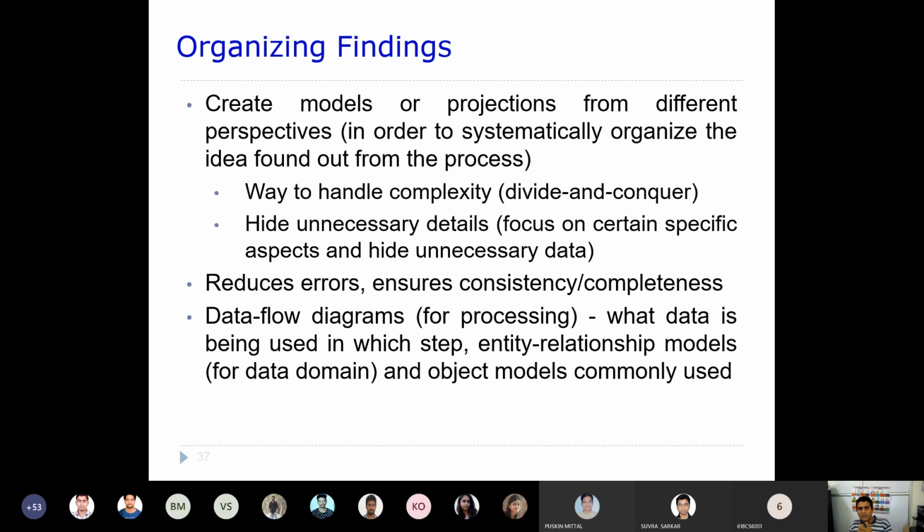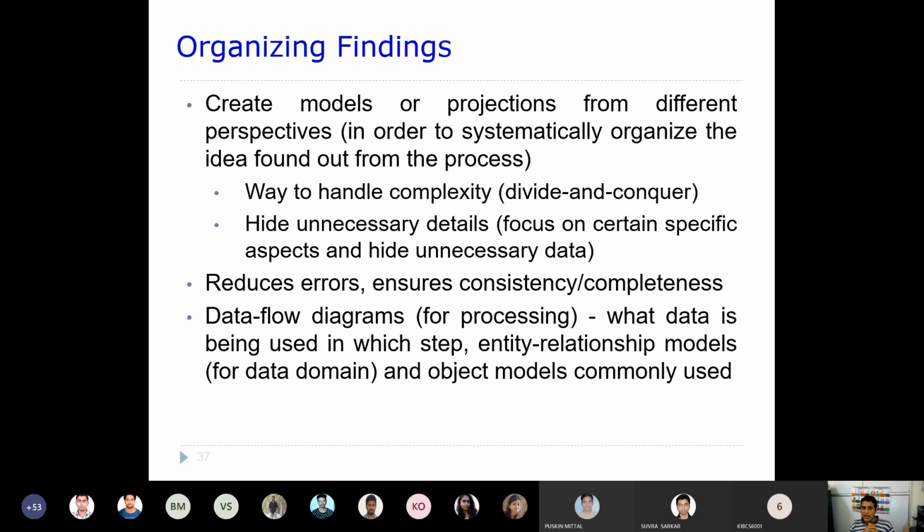Sometimes you may go through some sort of models or projections from different perspectives, because that will help you in understanding the problem, and in handling the complexity. Maybe you go through some sort of divide and conquer mechanism.